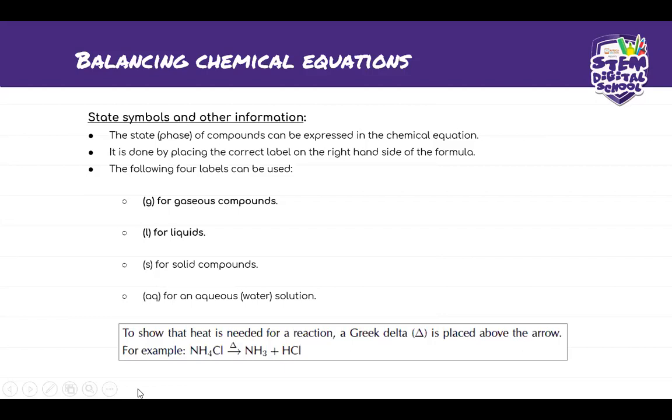So it is done by placing the correct label on the right hand side of your formula. The following 4 labels can be used. You can use G, which stands for gas. You can use L for liquids, S for solids, and AQ for an aqueous solution, which is basically a water solution. Okay.